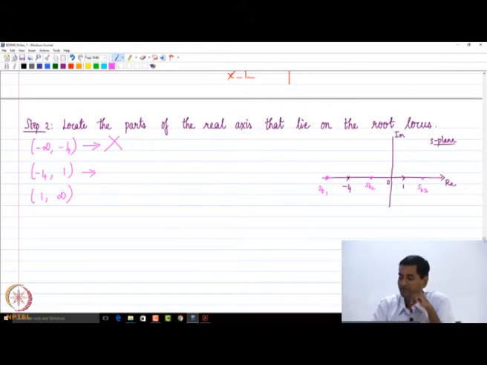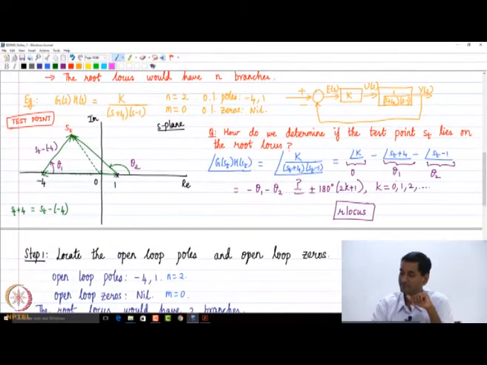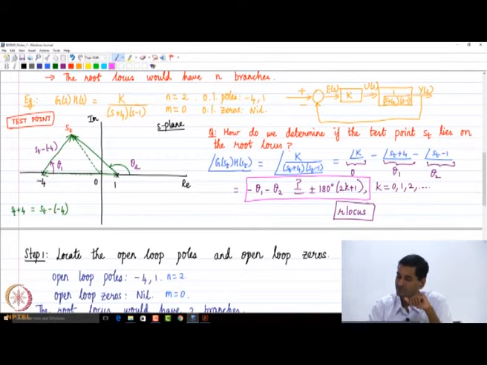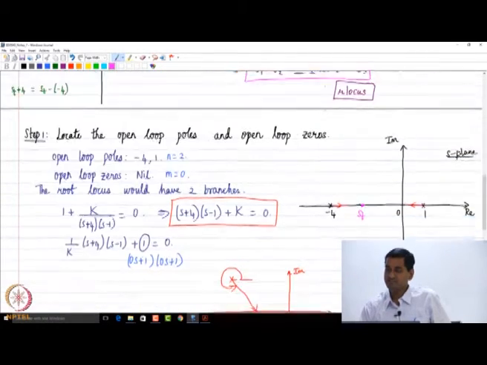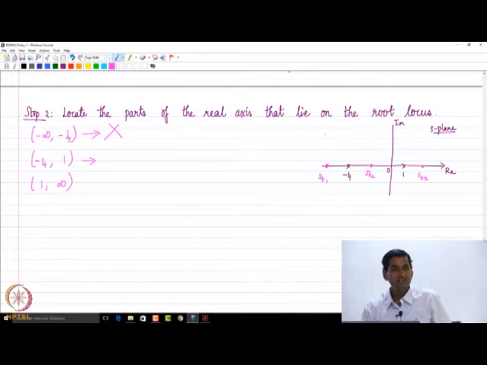What about minus 4 to plus 1? See what I am using in my arguments: this diagram which we drew, this condition. We are evaluating this question. For a test point between minus 4 and 1, is the angle condition satisfied?